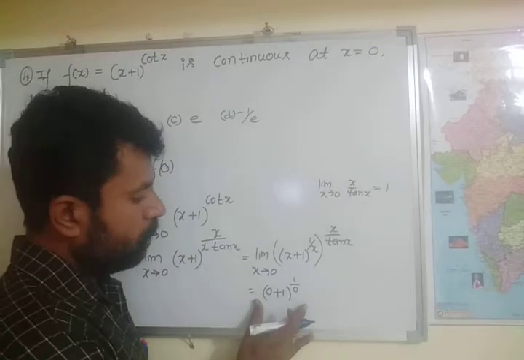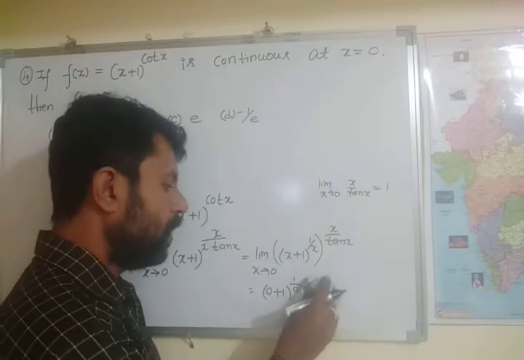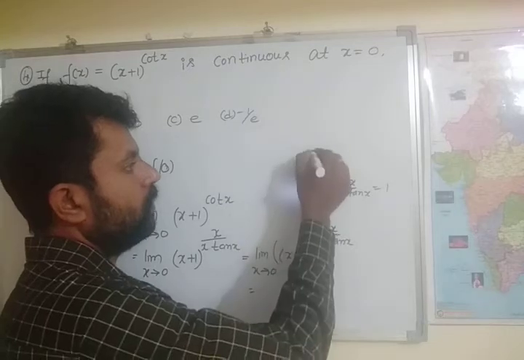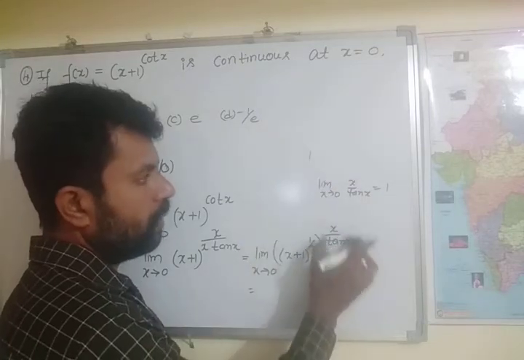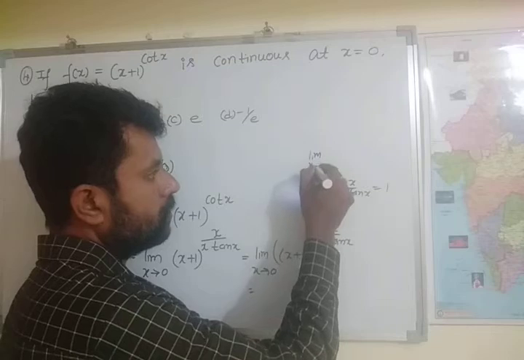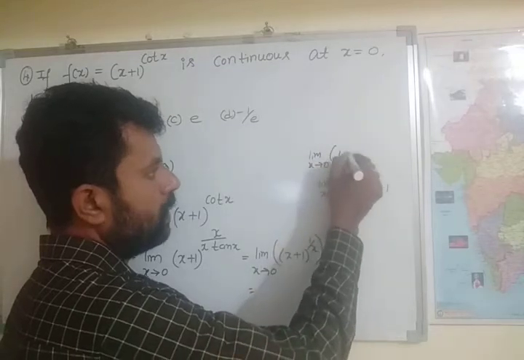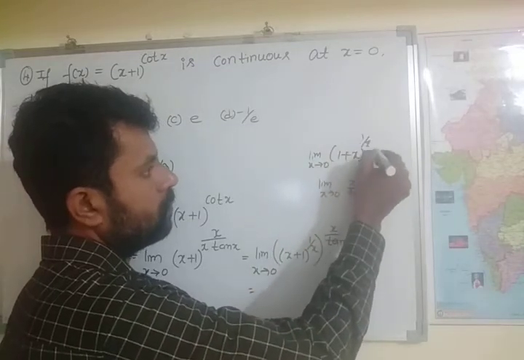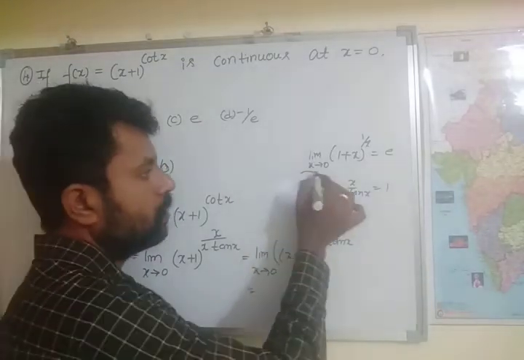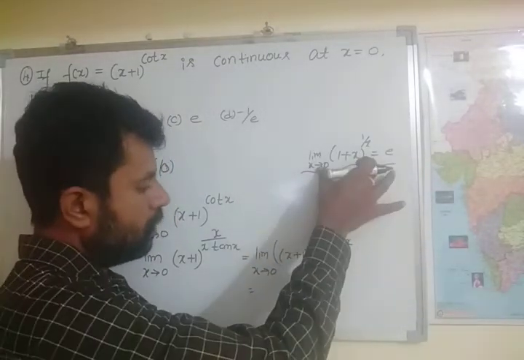Again that results in an undefined form, but here we have the standard result (1+x). We use this result. Here, this is in the form of limit x tends to 0 of (1+x) to the power 1 by x is equal to e to the power 1, or e. This is a standard result.